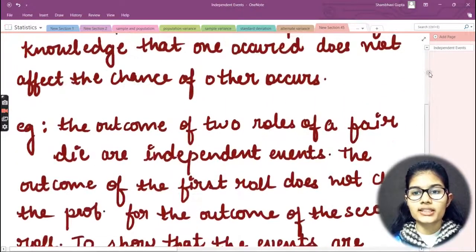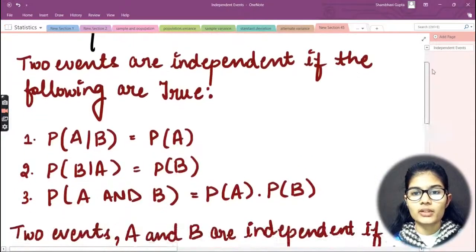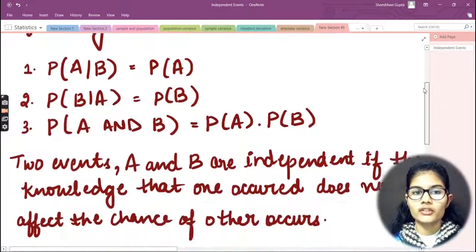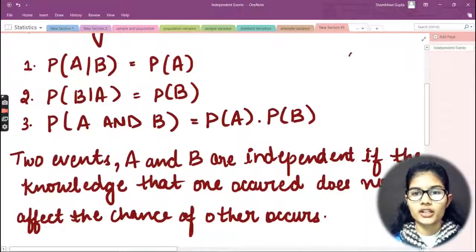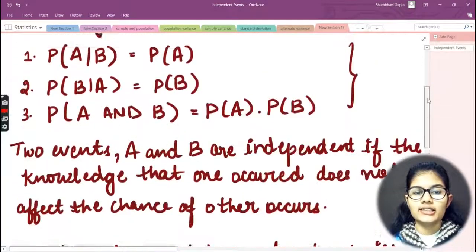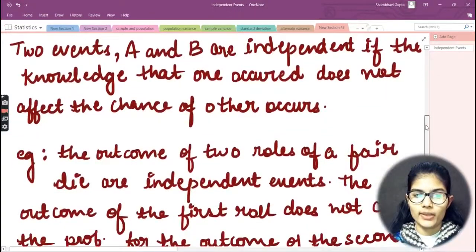Today we discussed a little about independent events. If the three conditions mentioned above are true, then we say that the two events are independent.